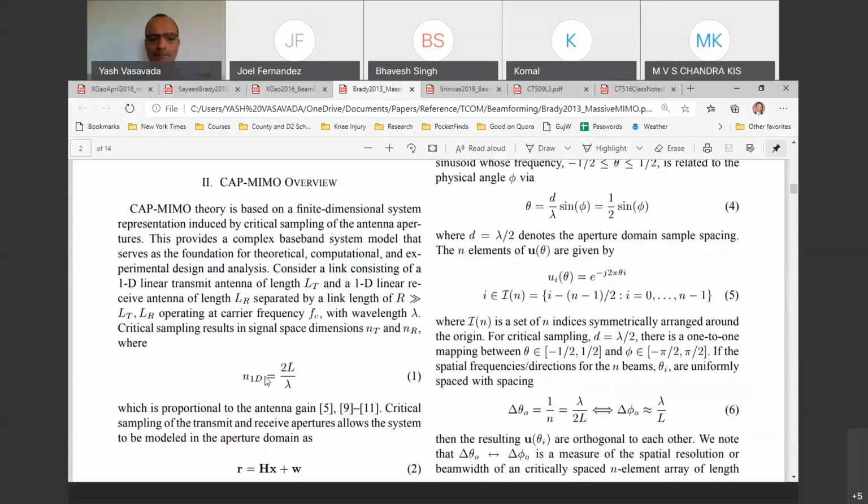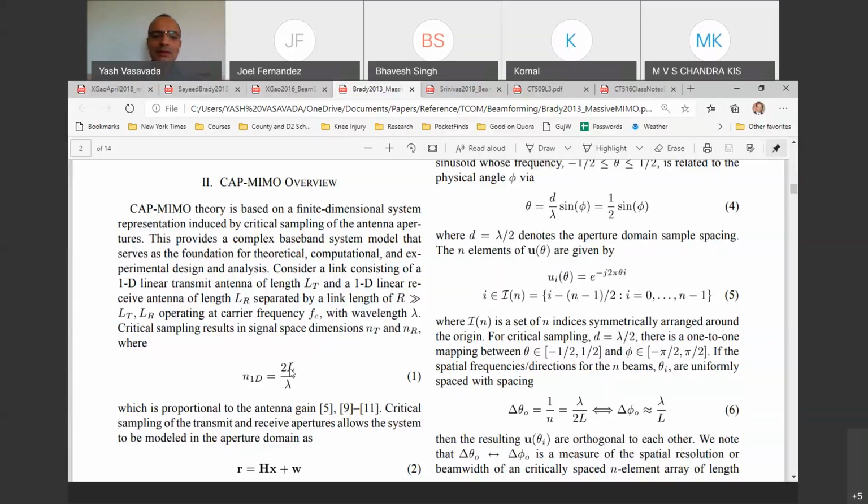Sir, like two antennas should be separated by distance lambda by 2, and we are checking how many such possibilities there are. Yes. If we divide L by lambda by 2, we can basically say these many can be placed. Exactly. Yeah. It is exactly like that.